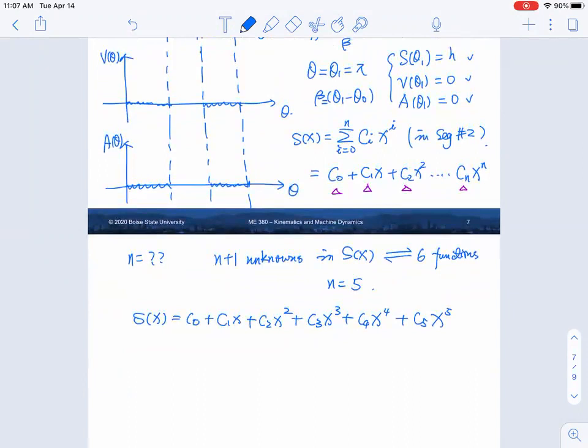So up to this point, we know we need 1, 2, 3, 4, 6 terms in your S. And then you can calculate your Vx. Your Vx is dS with respect to dx.